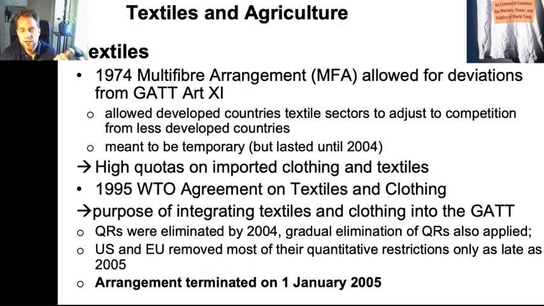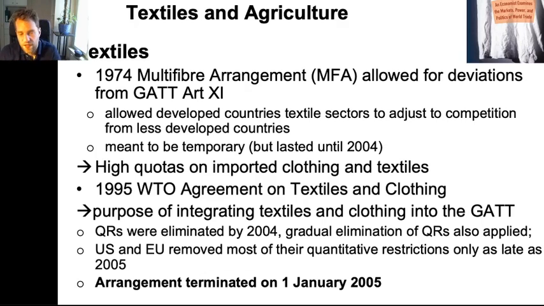So they said, okay, you have to accept the fact that now you will face more competition from low income countries that produce these products, and therefore these products will be cheaper even if there are high tariffs. But we can impose quotas. We can keep imposing quotas to help our textile industries to adjust.